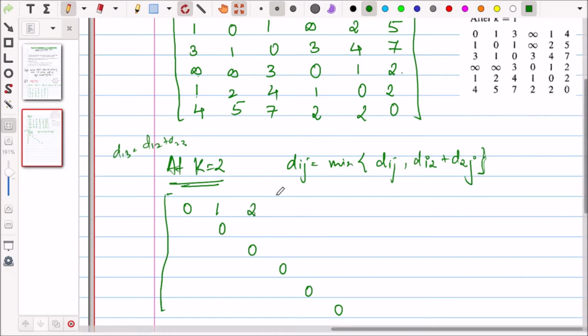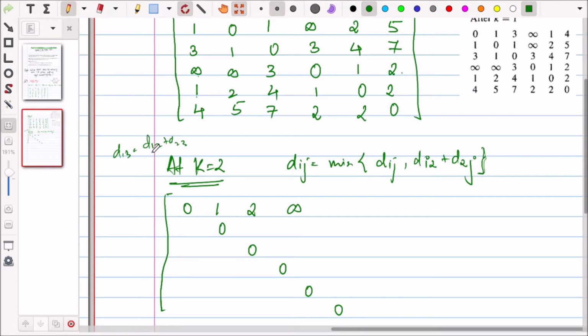So 2. Now d14, so d14 यहाँ पे Infinity. It is infinity here, and what you will add is d12 plus infinity. So this one, 1 plus infinity, right? So it will still be infinity, right?